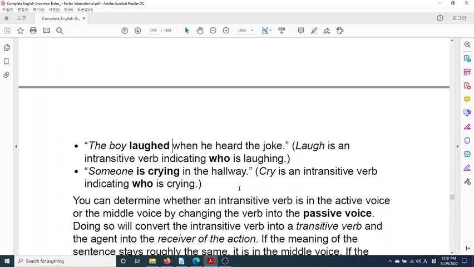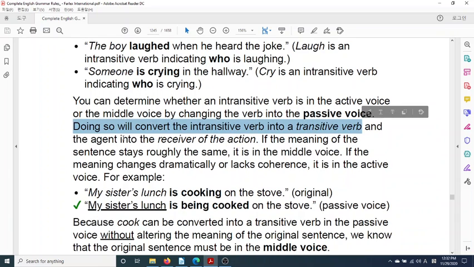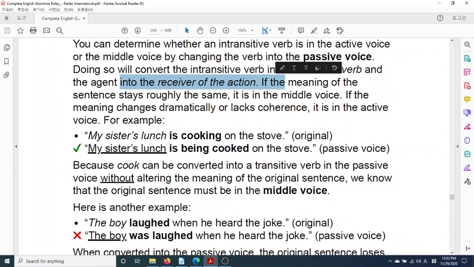Okay. You can determine whether an intransitive verb is in the active voice or the middle voice by changing the verb into the passive voice. Doing so will convert the intransitive verb into a transitive verb and the agent into the receiver of the action.